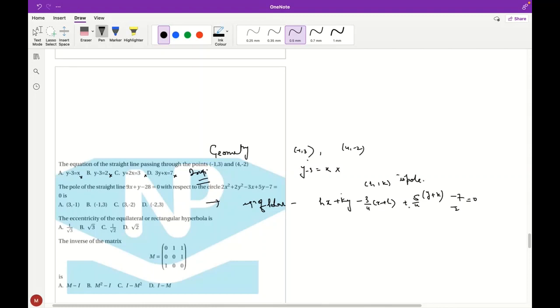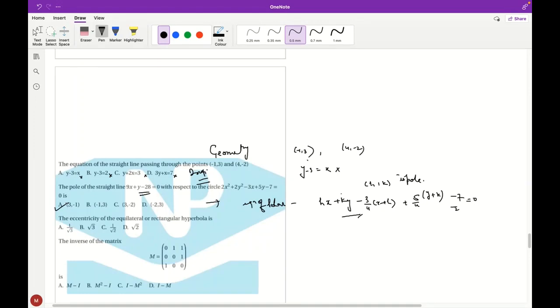Find the values of h and k from here and from this equation. The first option will be correct for this question.